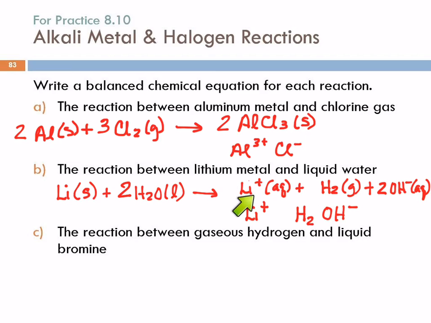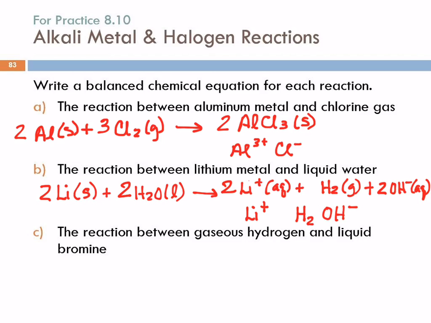On the right side, we've got +1 and -2. We've got a -1 charge on this side. That can't happen. Another way to think of it is one lithium atom gives one electron to a hydrogen, but we've got 2 hydrogens that got electrons. So there must be 2 lithiums involved, and so we actually need a 2 in front of the lithium.